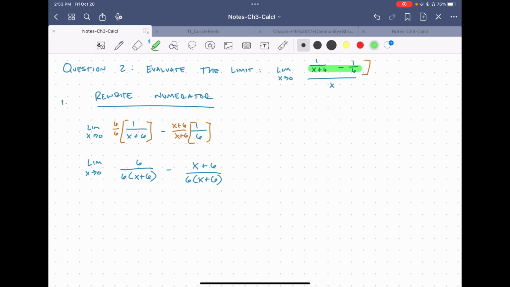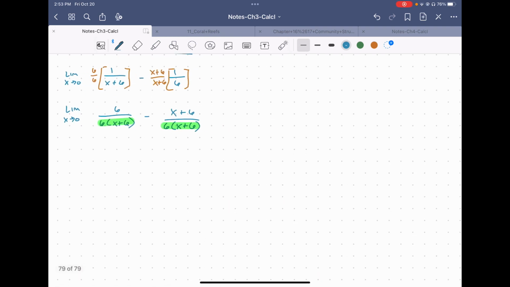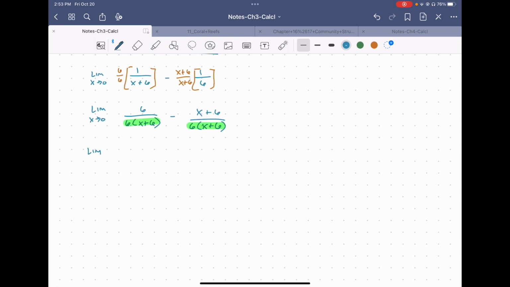Now, as we can see, our denominators are exactly the same. And this one may be a little bit tricky. I might get stumped on this part because we have to ensure that we distribute this minus sign. And that's how we were able to cancel out certain terms.